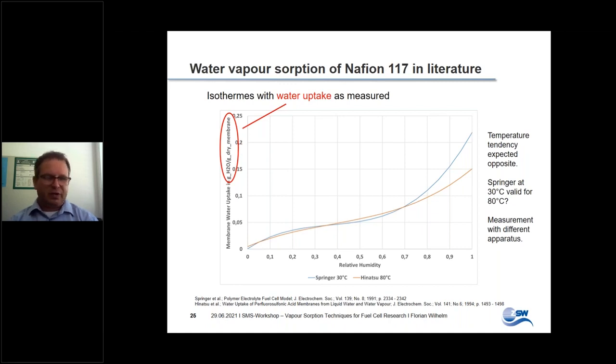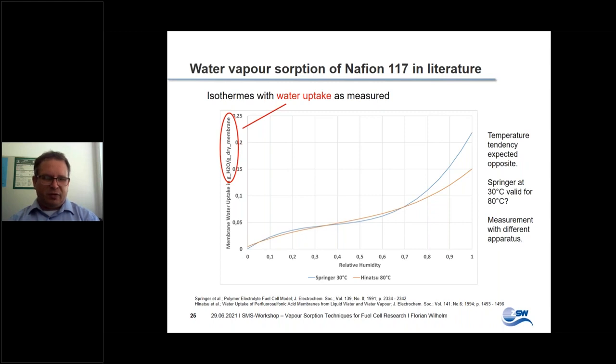This is the direct result of the measurement, and what you can see here is the fit of the experimental results they obtained with a third-order polynomial, as shown before. Sprenger and colleagues employed their measurement setup at 30 degrees Celsius and, as mentioned, used this Nafion 117, a well-known though outdated membrane.